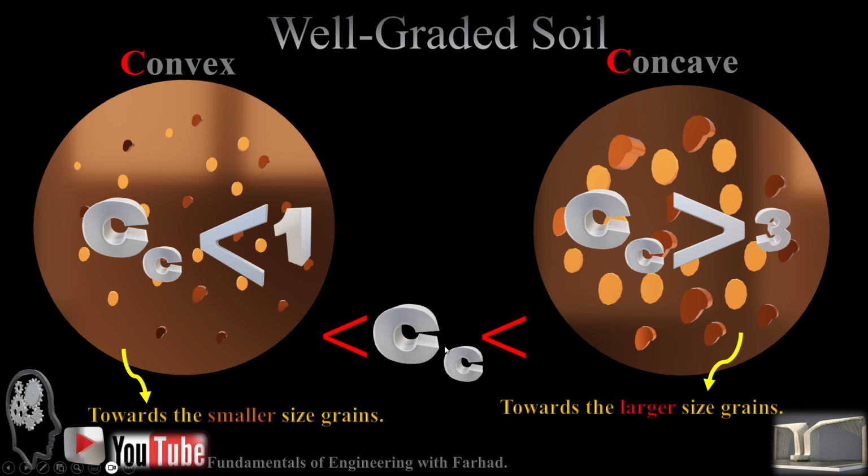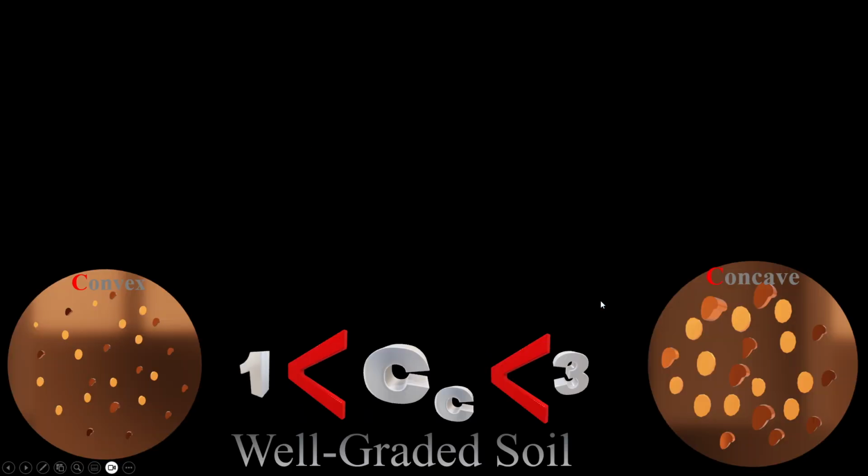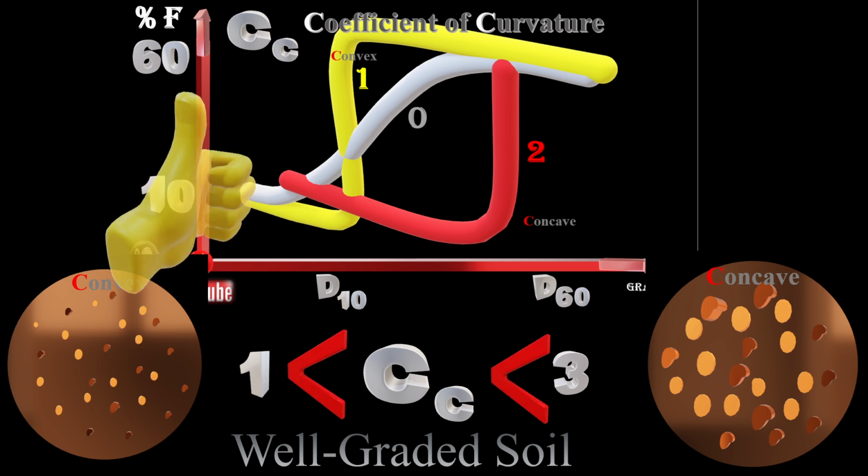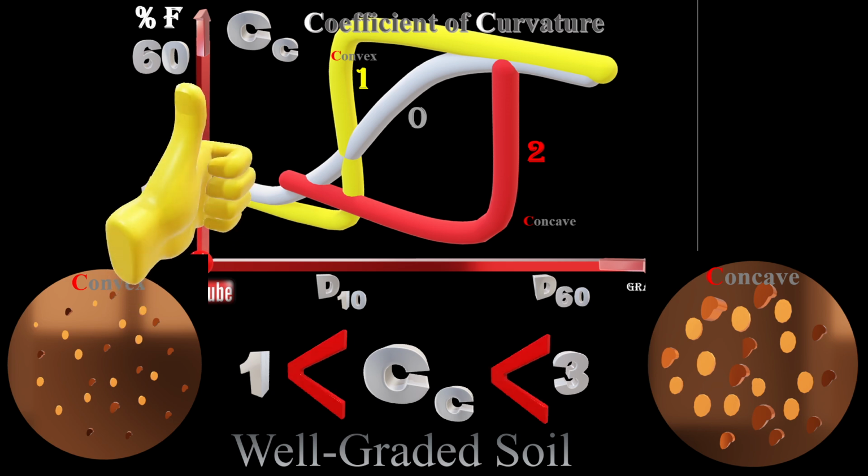So that's why our C sub C should remain in the domain of 1 and 3. C sub C should be higher than 1 and less than 3. That's the conceptual meaning behind the curvature coefficient as well as the uniformity coefficient. Thank you. We'll solve more problems related to these geotechnical concepts in the next videos.